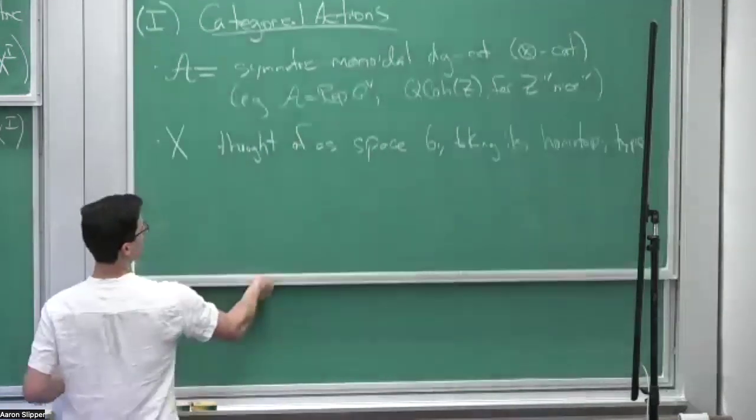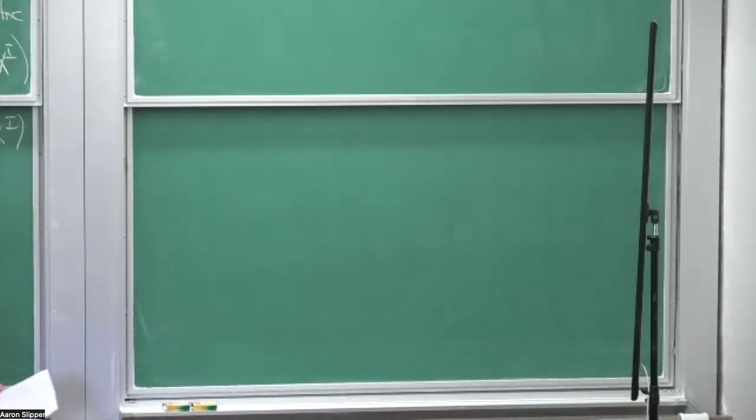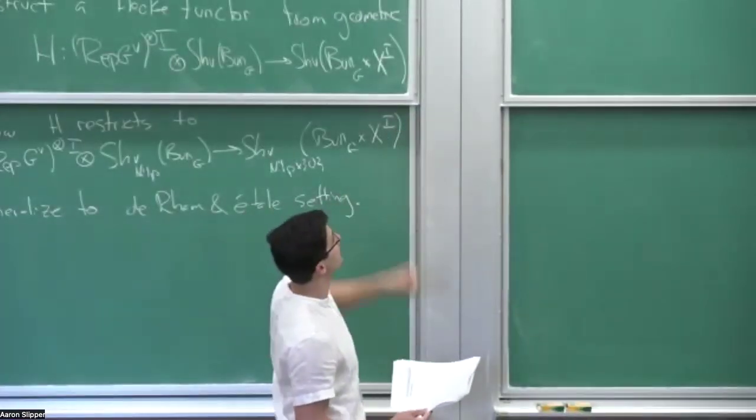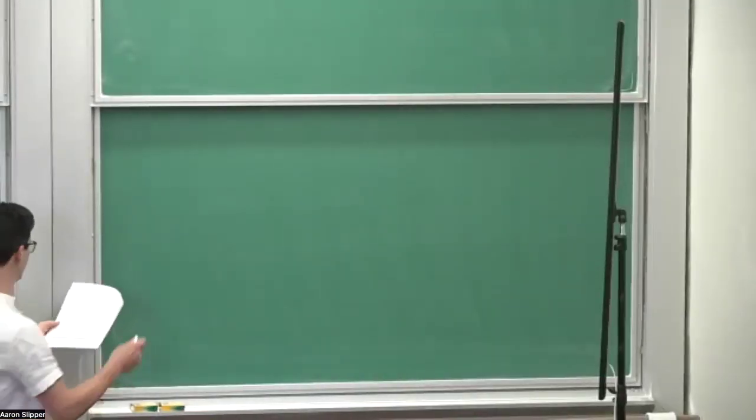And now comes the key definition. I want to define what it means to take a tensor A ⊗ X in this general setting. So definition.